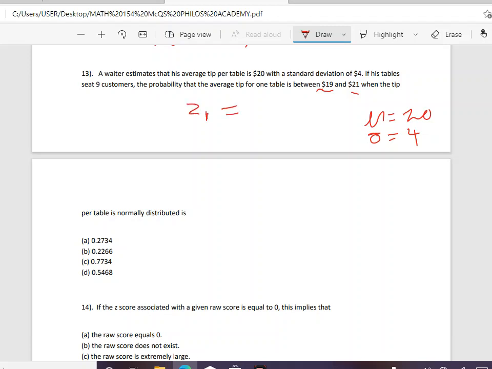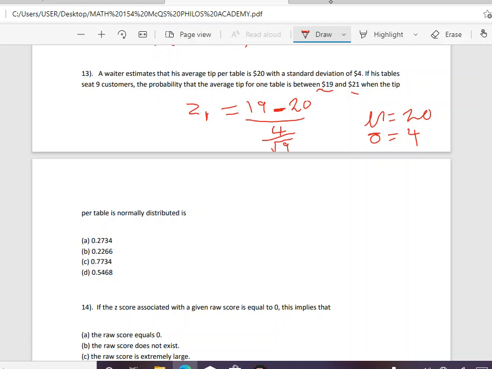So to find the first Z, you take your first X, which is 19, minus the population mean, which is 20, divided by the standard deviation, 4 over root 9, because there are 9 customers.